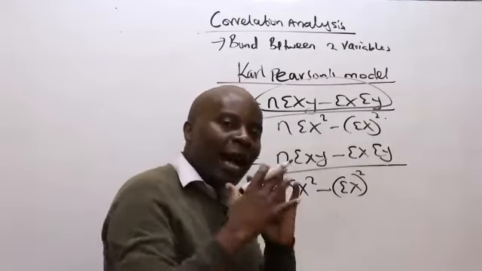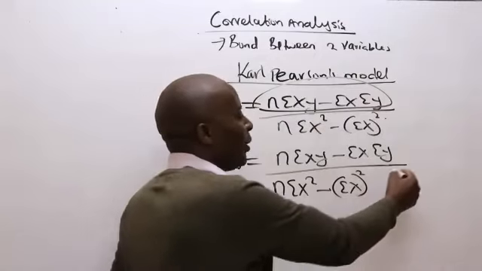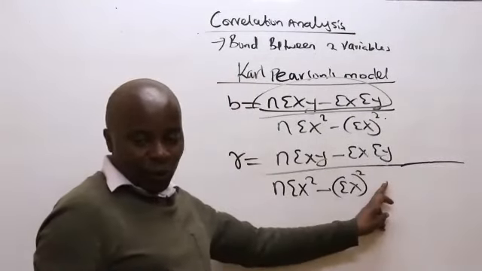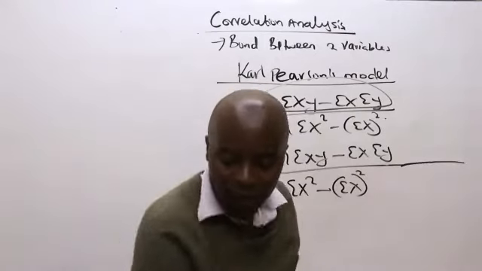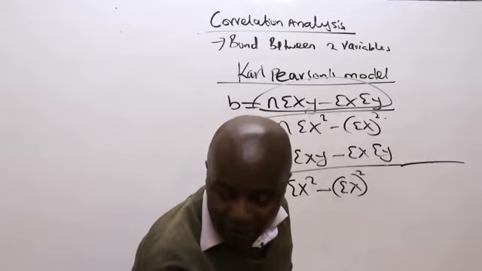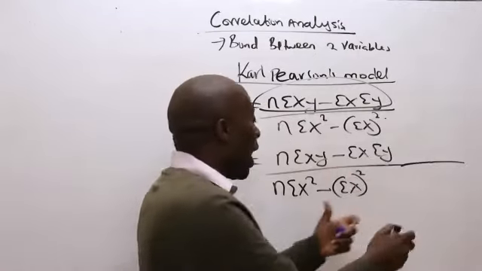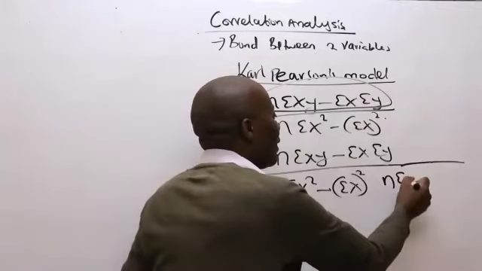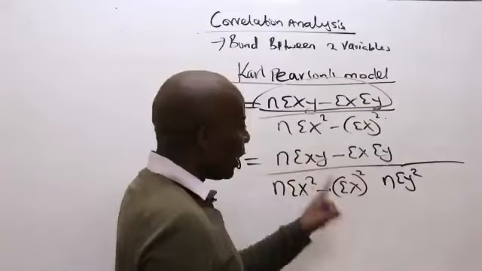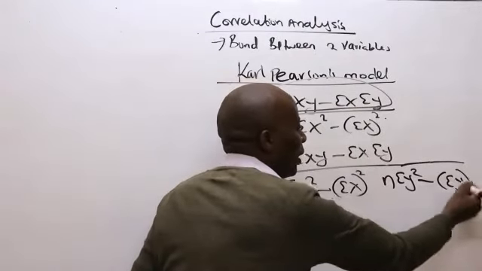But because of the association between the two, x and y, I must introduce a section where I capture y using the same format, but this time around using y. I'll talk of n summation of y squared, just like n summation of x squared, but now n summation of y squared minus open bracket summation of y, squared.